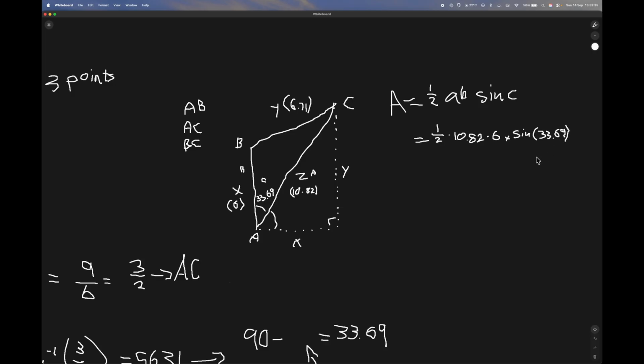Okay, so we can literally just put that straight into our calculator.